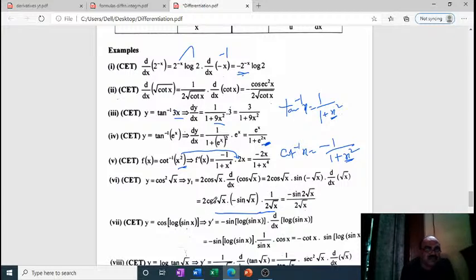You see here, it is 2 sine theta into cos theta, which is sine 2 theta. This is the answer: minus sine 2 root x divided by 2 root x. Friends, please don't go for cancelling these. They cannot be cancelled. Purposefully they give you this kind of answers.